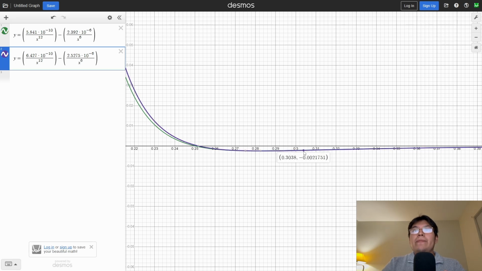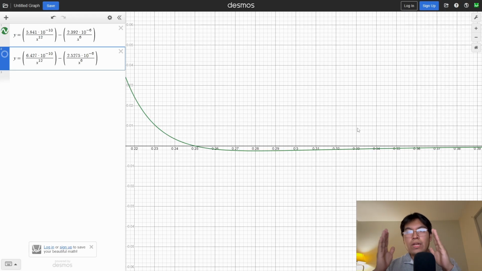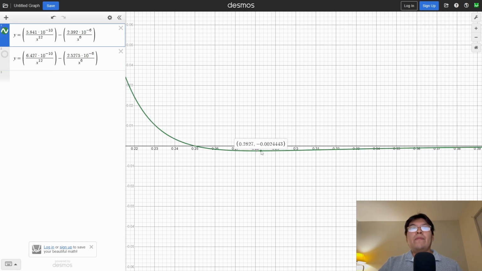So as we can see here, as the interatomic distance gets greater and greater, the total energy between the two atoms of either of our materials becomes closer and closer to zero. So as you can imagine, as two atoms get farther and farther apart from each other, the energy between them goes to zero.